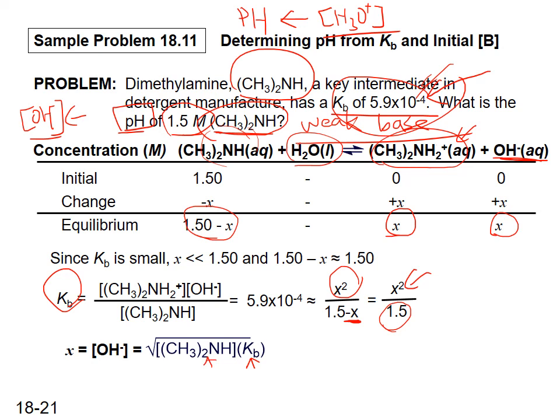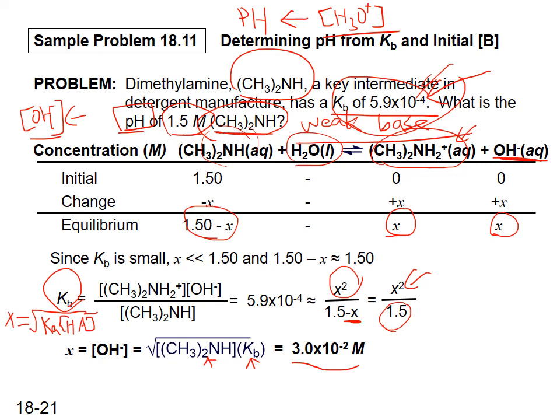Now this equation reminds us of the weak acid. For a weak acid, the equation to calculate hydronium is Ka times acid concentration. So here it is Kb times base concentration. Plug in and we'll get 3 times 10 to the minus 2 molar.